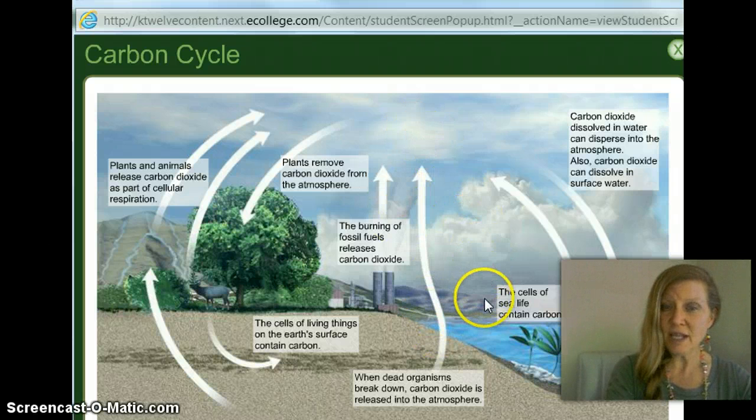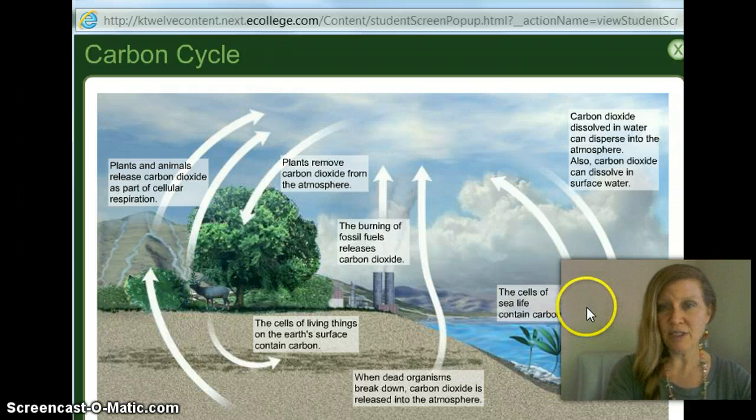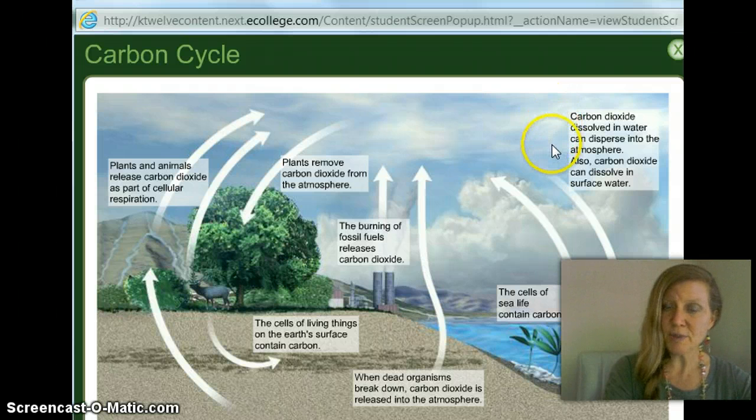The cells of sea life contain carbon. Some of their body parts, such as hard calcium carbonate shell, contain carbon. Decomposing sea life releases carbon dioxide. And lastly, carbon dioxide dissolved in water can disperse into the atmosphere. Remember, it can also dissolve in the surface water.